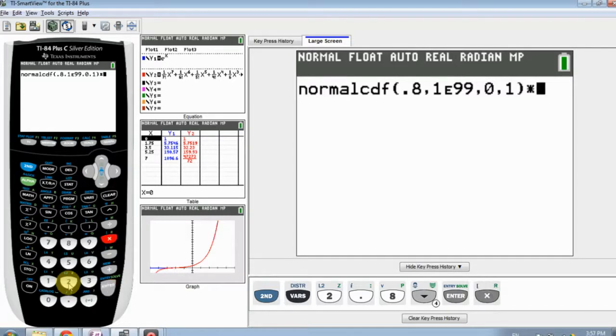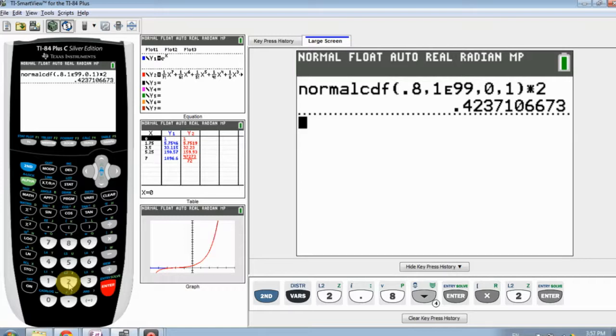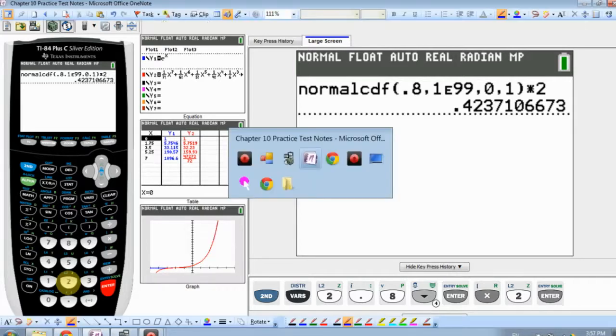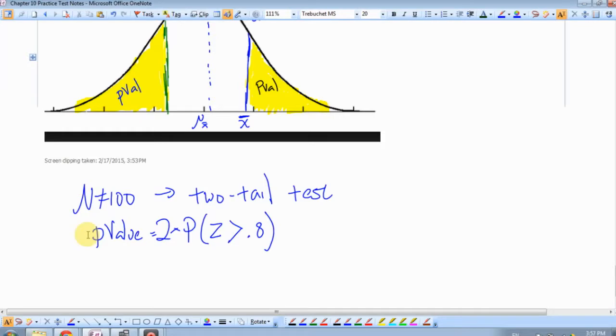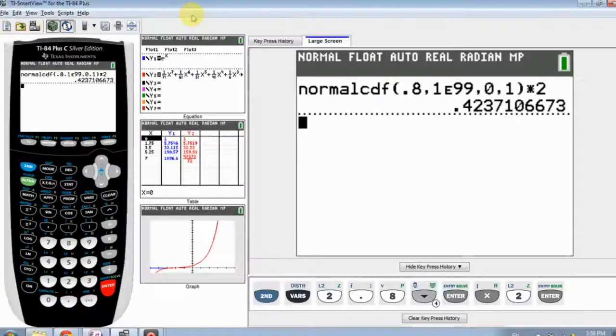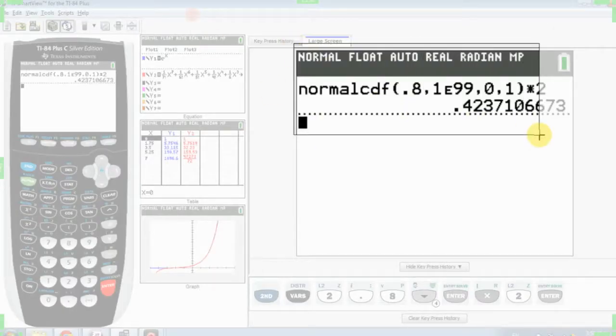And we're going to multiply that by 2, because it's a two-tailed test. That gives me a p-value of 0.4237.